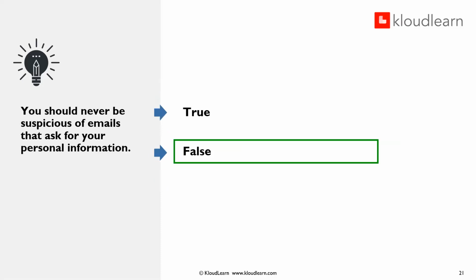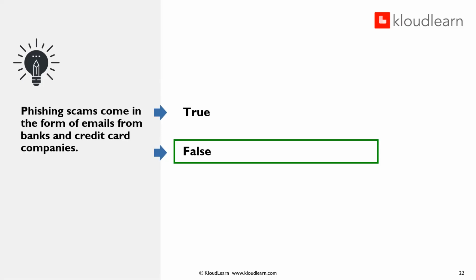True or false? You should never be suspicious of emails that ask for your personal information. True or false? Phishing scams come in the form of emails from banks and credit card companies.